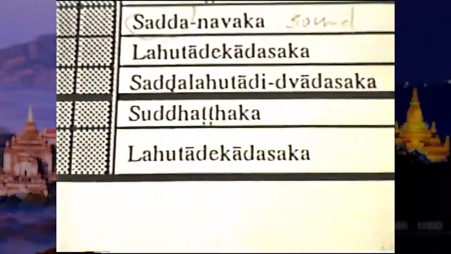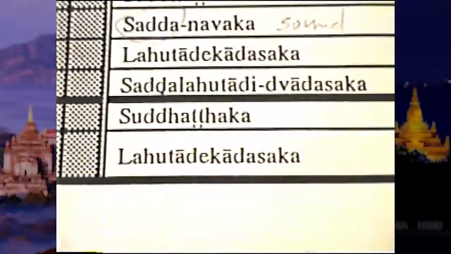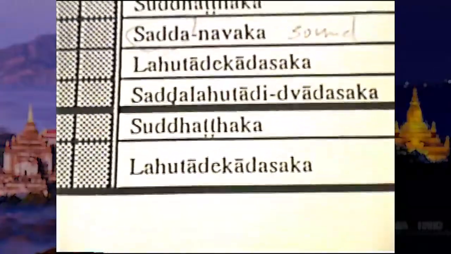So 3 lightness and so on plus 8 octet, and so we get 11, Lahuta Di Eka Dasaka. So altogether there are 21 kalapas: 9, 6, 4, 2.